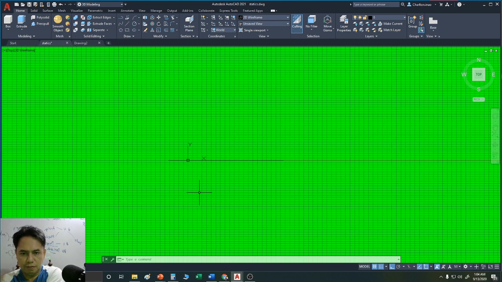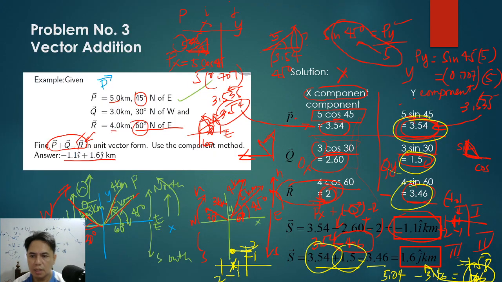Let us have the point from the origin, negative 1.1. The summation in the vector is negative 1.1 plus 1.6, with negative 1.1 as the x and 1.6.